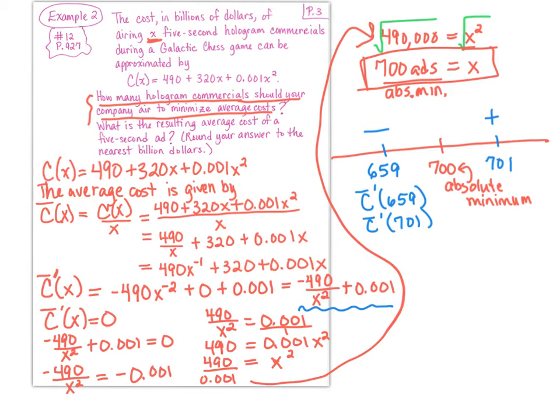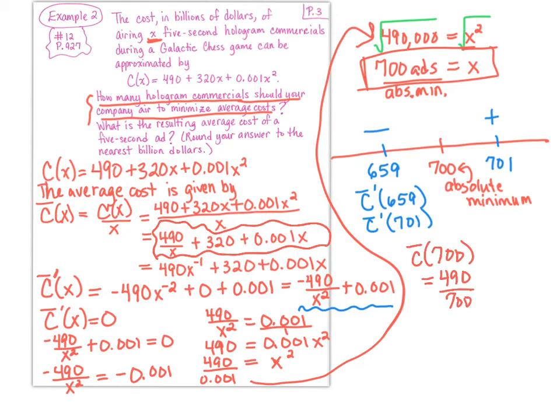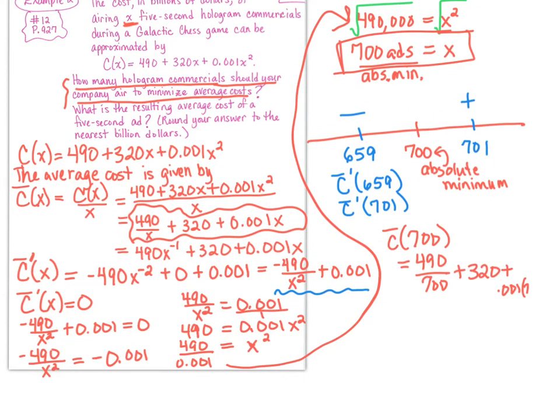C bar of 700 is equal to 490 over 700 plus 320 plus 0.001 times 700.